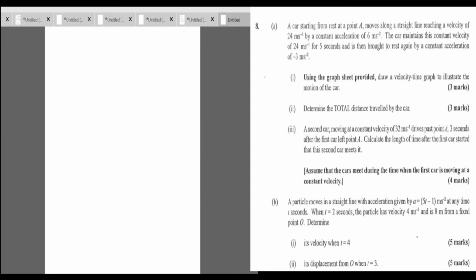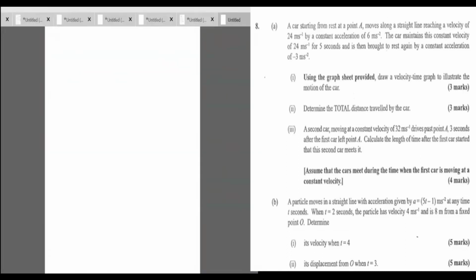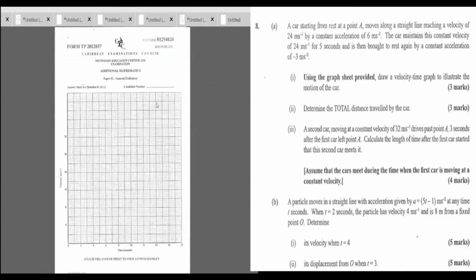It says, using the graph sheet provided, draw a velocity time graph to illustrate the information about the car. This is the graph paper that they provide, to show the information that they're talking about.